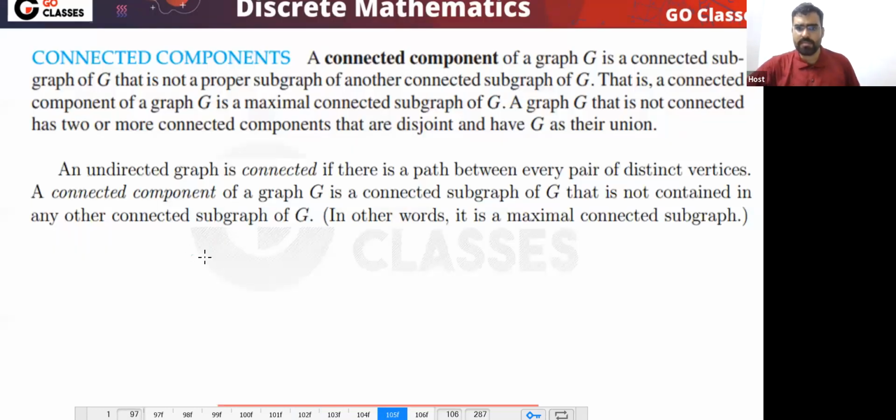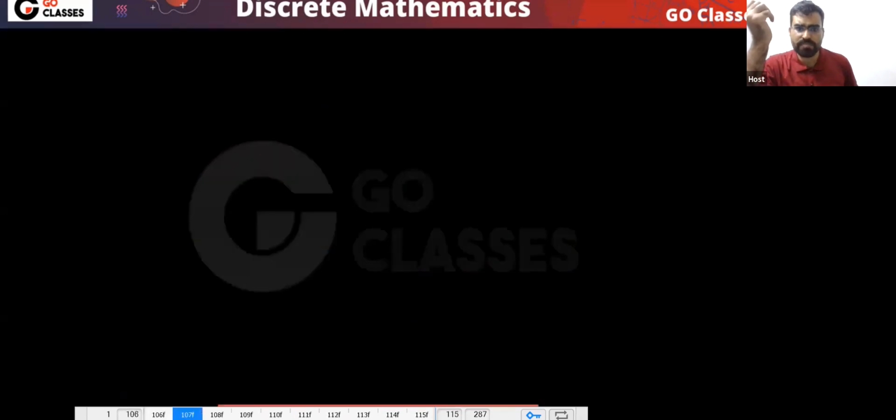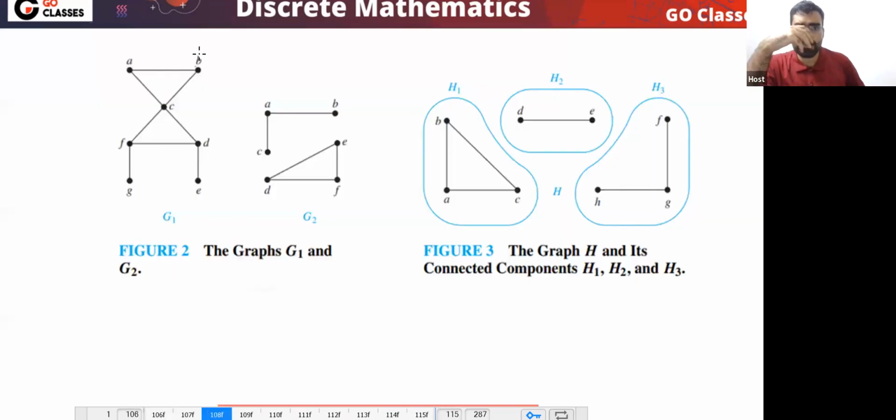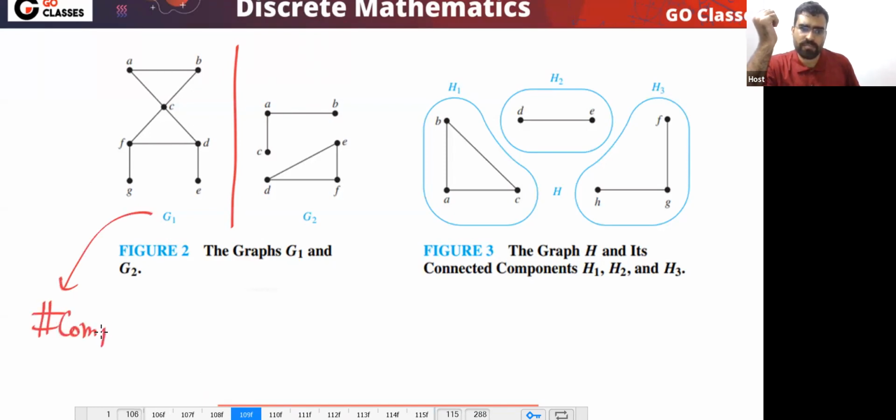So please tell me, is the definition of a connected component, or simply component, clear? In this graph G1, how many components do you have? Okay, so in G1, the number of components is 1.